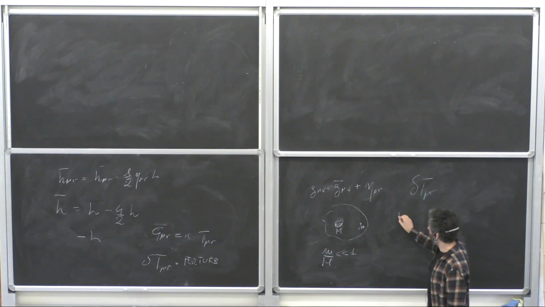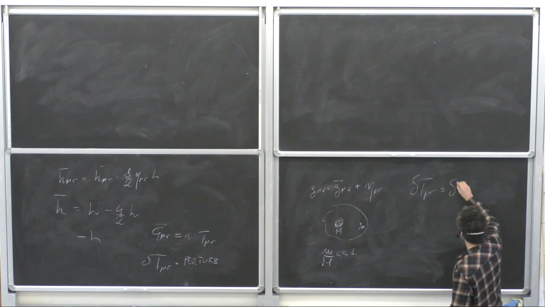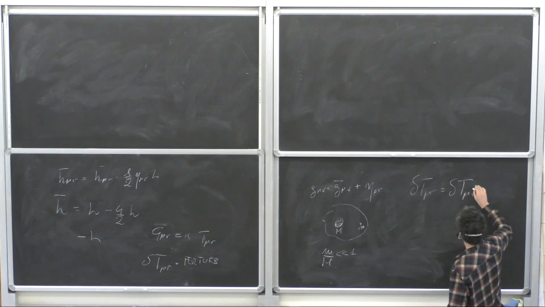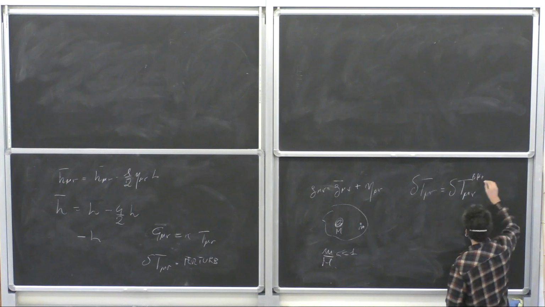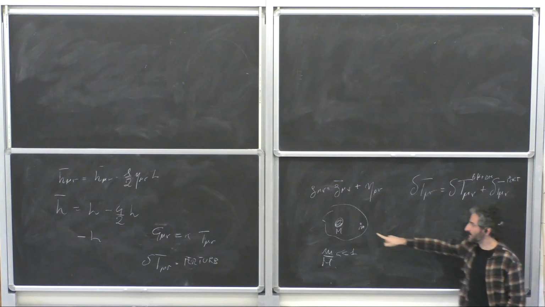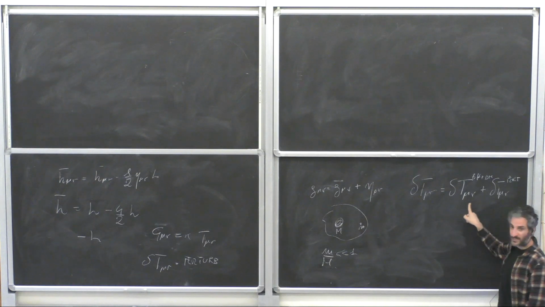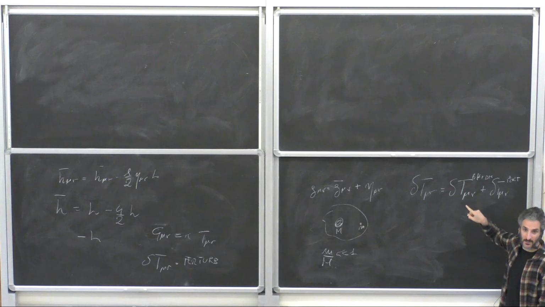Okay, and in this case, the full delta T will be given by two contributions. Delta T mu nu of the black hole plus, in this case, let's call it the dark matter halo, plus delta T mu nu perturbation, where this is the particle. And this one here would be basically the delta T that goes on top of the T bar, so the background.